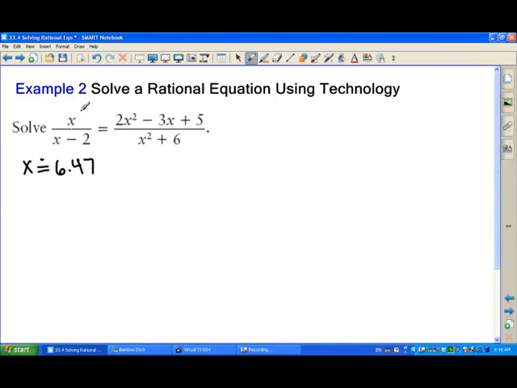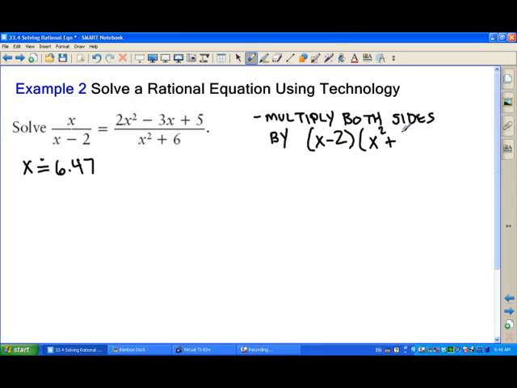We can rearrange this and set our equation equal to 0. And the way we can do that is by multiplying both sides by a common denominator. And our common denominator would be x minus 2 times x squared plus 6.